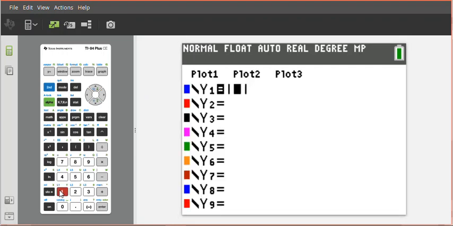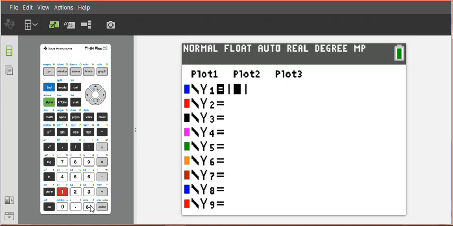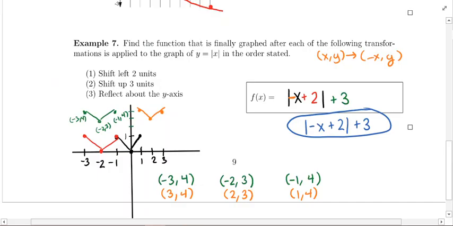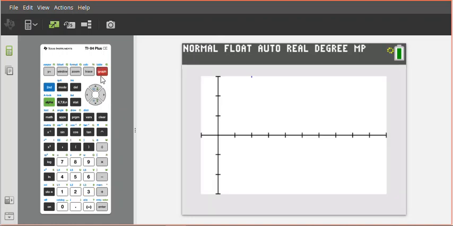Hit that, and you can see it brings up the absolute value symbols. What did we put inside our absolute value symbols? We had negative x plus 2. And then outside of the absolute value symbols, we had plus 3. So this is how you're going to enter it in. Hit graph.